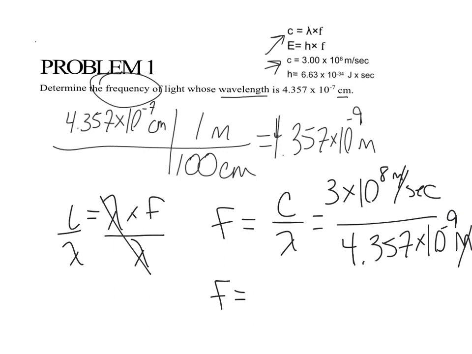And so I get that my frequency is equal to 6.885 times 10 to the 16 hertz, or 1 over seconds. Make sure you're typing those in. Make sure you're doing your scientific notation right in your calculator. Make sure you can get to that value.